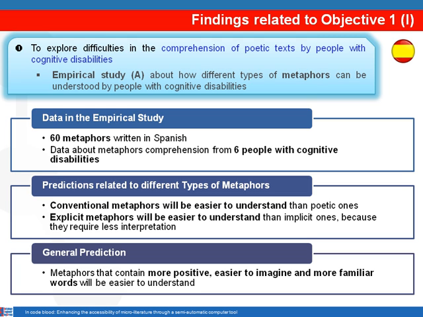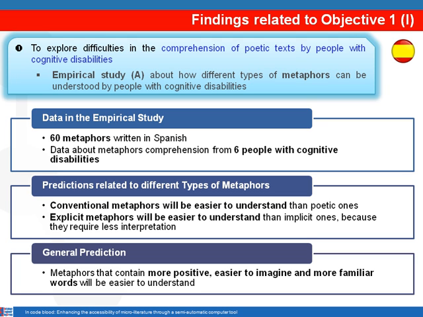Such metaphors were read by 6 people with different levels of cognitive disabilities. Those people were asked about the comprehension of such metaphors. After analyzing the whole set of responses, we could conclude that conventional metaphors and explicit ones are easier to understand. In addition, in general, metaphors that contain more positive, easier to imagine, and more familiar words are easier to understand too.